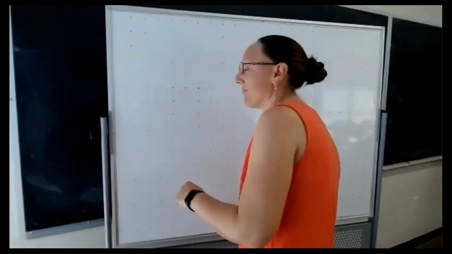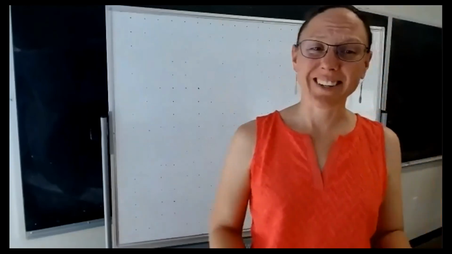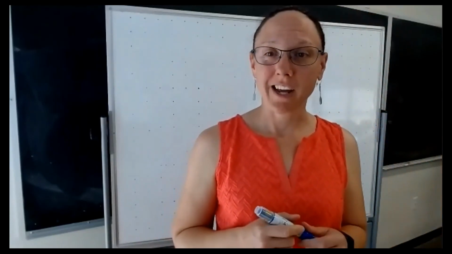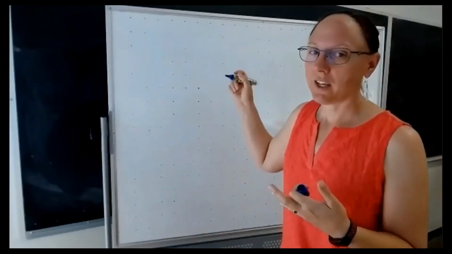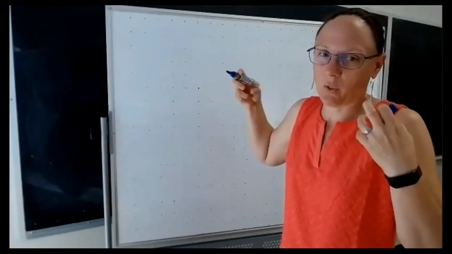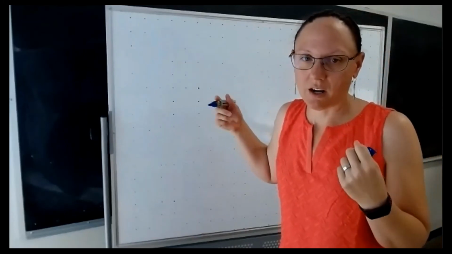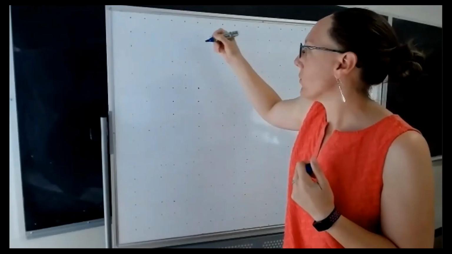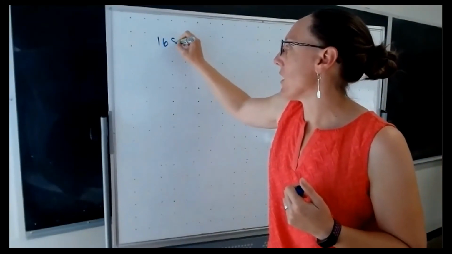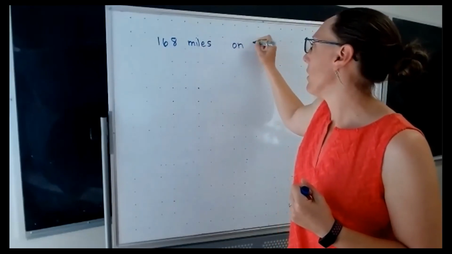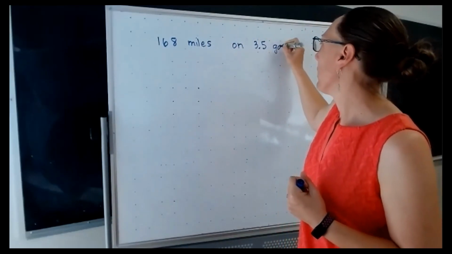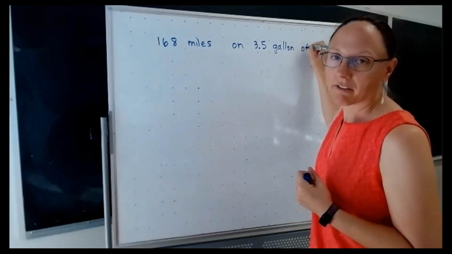You should not be afraid of the words. So I don't want to write out the entire problem for number 10, but this is that fuel consumption problem. So what we're told is, and I'm kind of just going to pick out the numbers part, that it travels 168 miles on 3.5 gallons of gas.